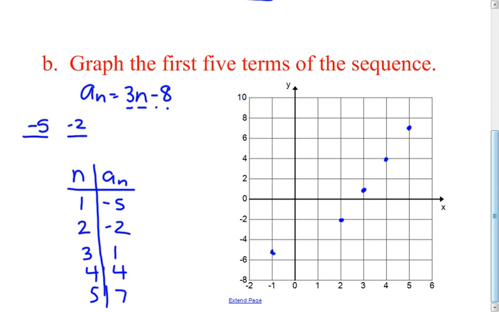I think I graphed that first one wrong. Yep, it should be positive 1 and negative 5, and I did negative 1 and negative 5. So positive 1 and negative 5 should go right there. You can see that those dots fall into a line, and all arithmetic sequences will have dots that fall into a line, just so you know.